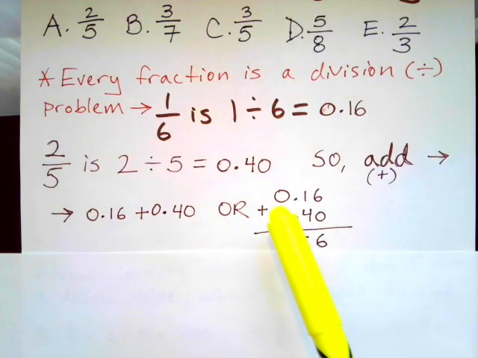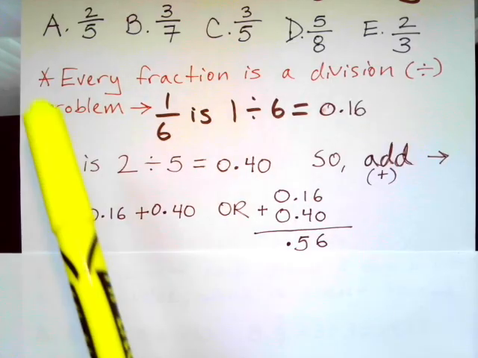When you're adding the decimals, you keep those decimals lined up. 6 plus 0 is 6. 1 plus 4 is 5. 0 plus 0 is 0. Or 56 cents. So 1/6 plus 2/5 gives you a value, when they're added together, of 56 hundredths is how you'd say it mathematically. I'm going to treat this like 56 cents.